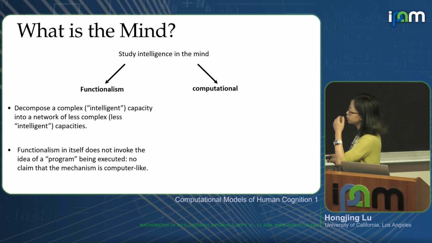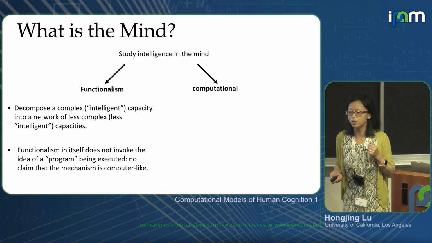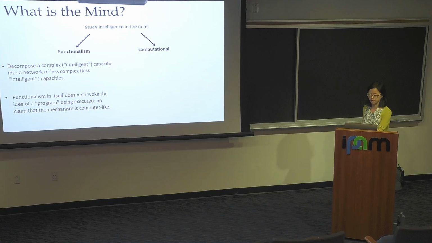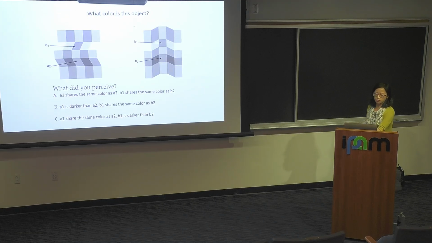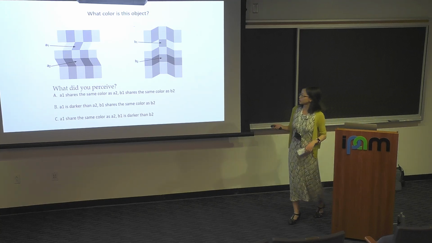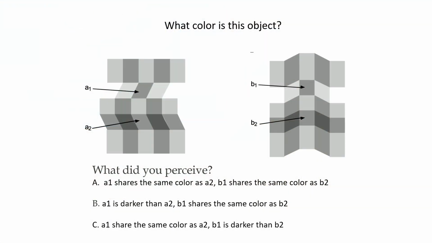So here I want to show a few of my favorite examples, just to convince you that your mind is always computing something. This is my favorite color example. Now I show you these two patches on the surface here.